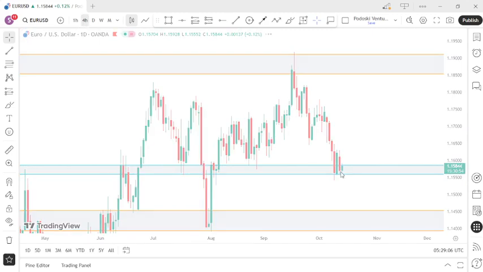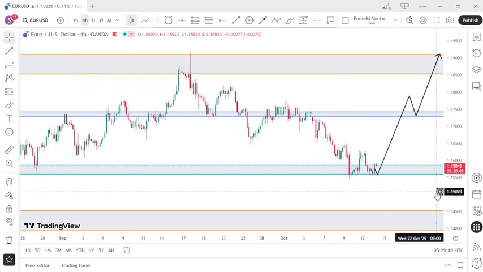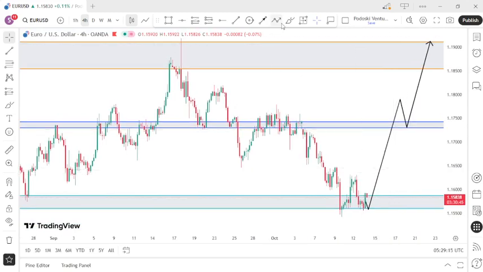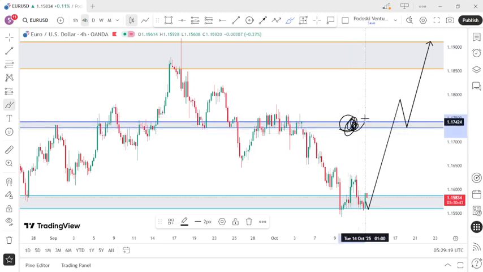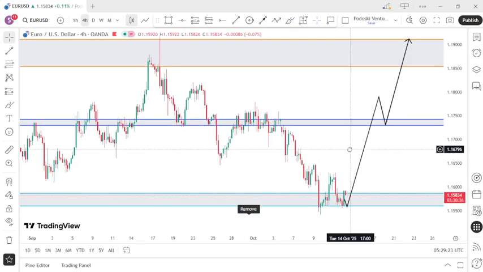So here we are on the 4 hour time frame. On the 4 hour time frame, I have my 4 hour midway zone here.